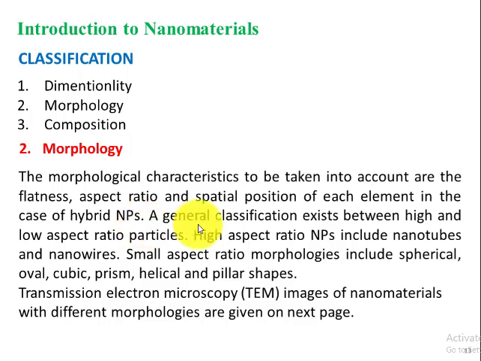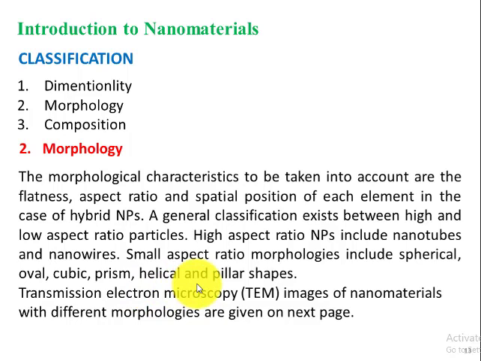A general classification exists between high and low aspect ratio particles. High aspect ratio nanoparticles include nanotubes and nanowires. On the other hand, small aspect ratio nanoparticles include spherical shaped, oval shaped, cubic shaped, prismatic, helical, and pillar shaped nanoparticles.